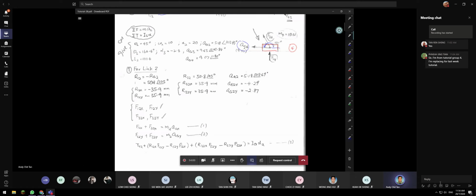Now the equation of summation of force equals MA, so summation of force in the x direction equals MAGX. This is summation of force in the y direction, and this here is summation of M. The sequence is easy: sum of the x component, MAGX, sum of the y component, then you have your AGY.